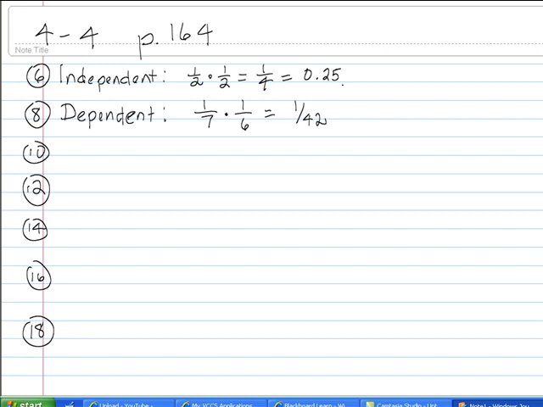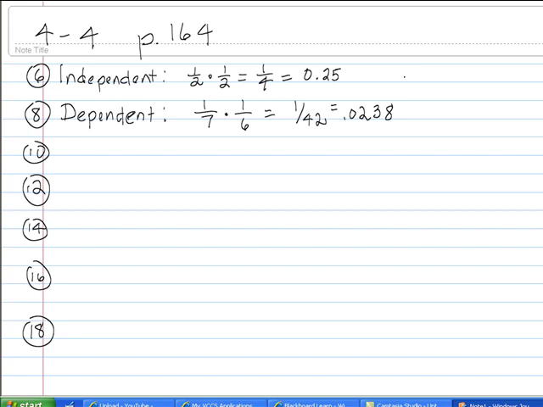It would be 0.02. No, that's not right. 1 divided by 42 is 0.0238. Okay, 0.0238 is what we have.